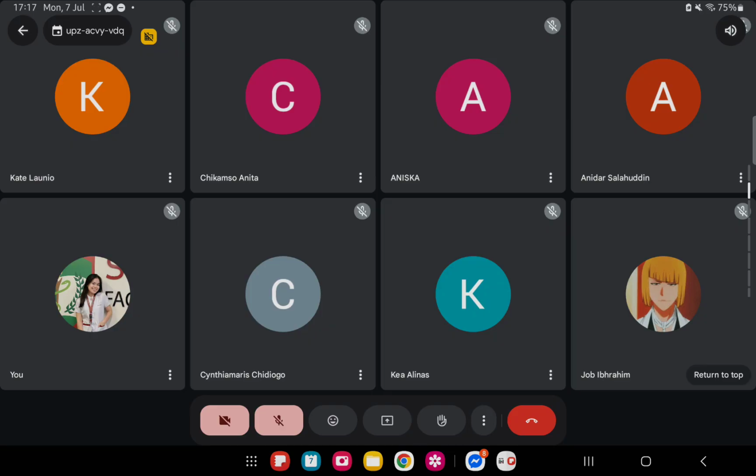So that is drawing the metallic foreign body. For this one, how would you describe this one? Any volunteer? None.